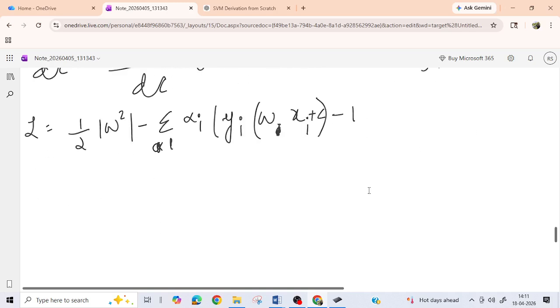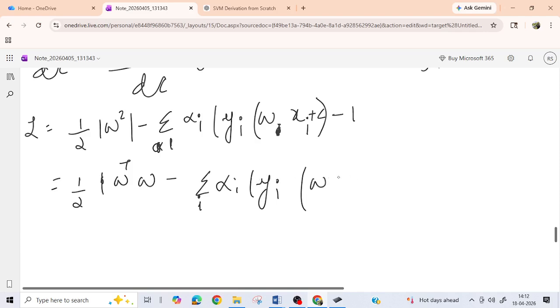All right. So we could also write it as half of W transpose W, because W square is nothing but W transpose W, minus summation over I of alpha I and then yi, and then we have W into xi plus c, minus summation of alpha I. I just expanded it.